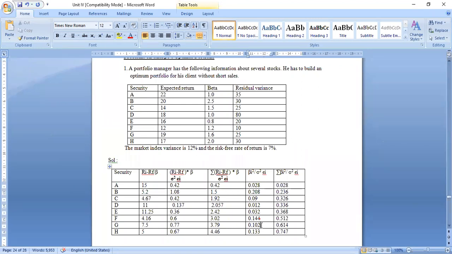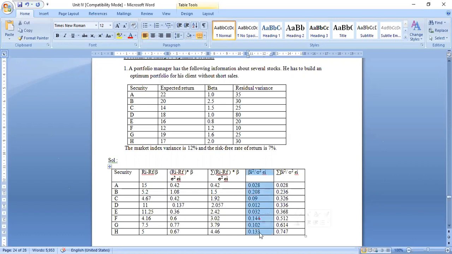Next, for G, 1.6 square divided by 25, that is the residual variance, that is 0.102. And last is 2 square divided by 30, which will give us 0.133. So this is the denominator calculation.